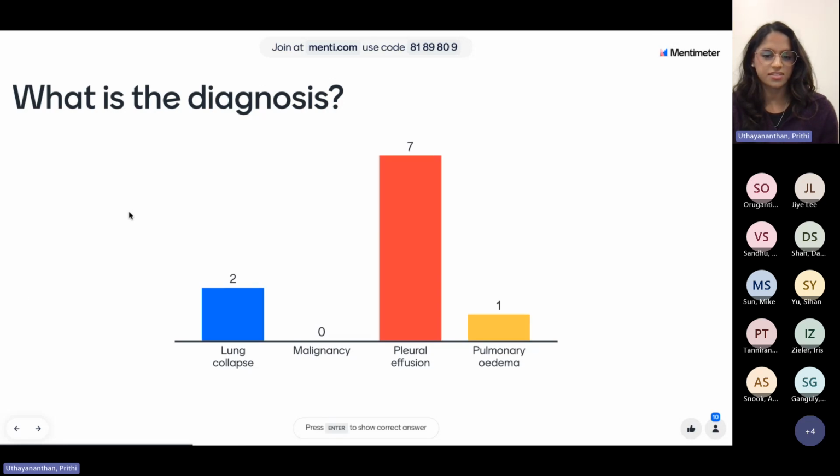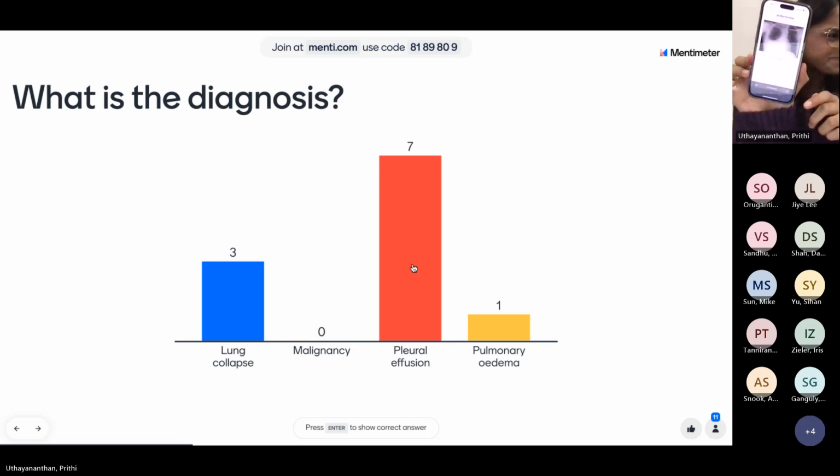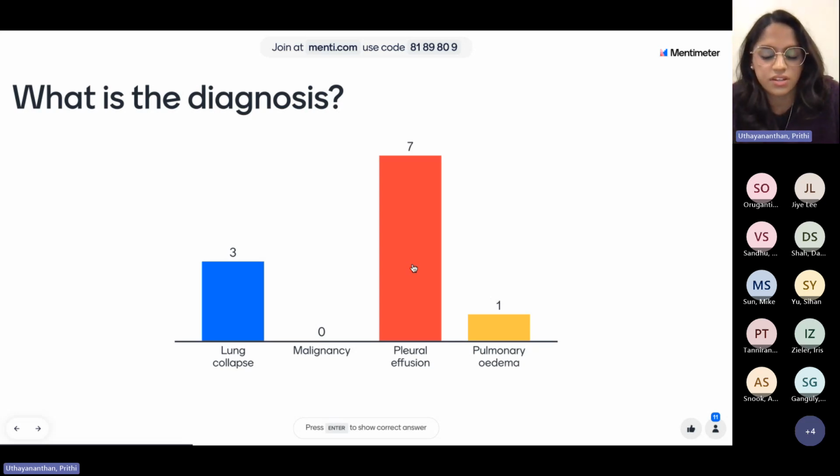Okay, so yeah, it's pleural effusion. And the reason for that is that you can see that there's a large white effusion here on the side, and that's causing blunting of the costophrenic angles.